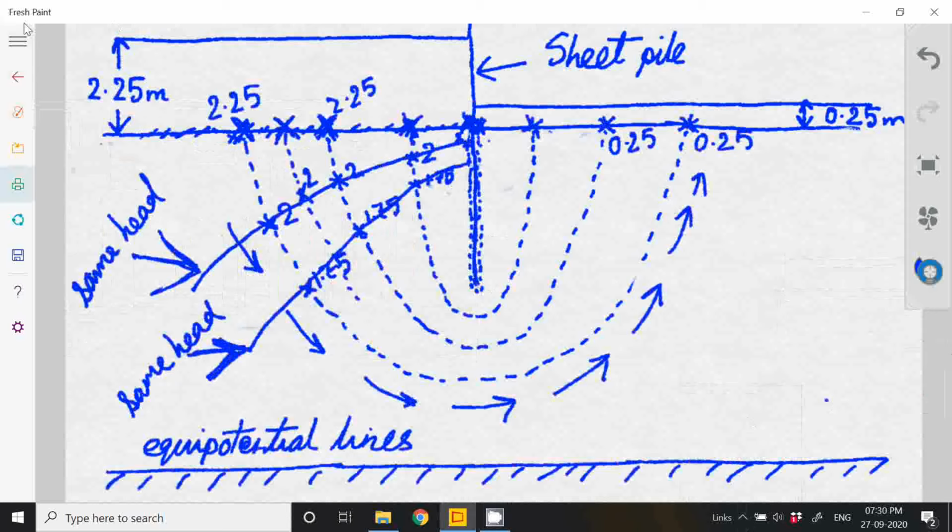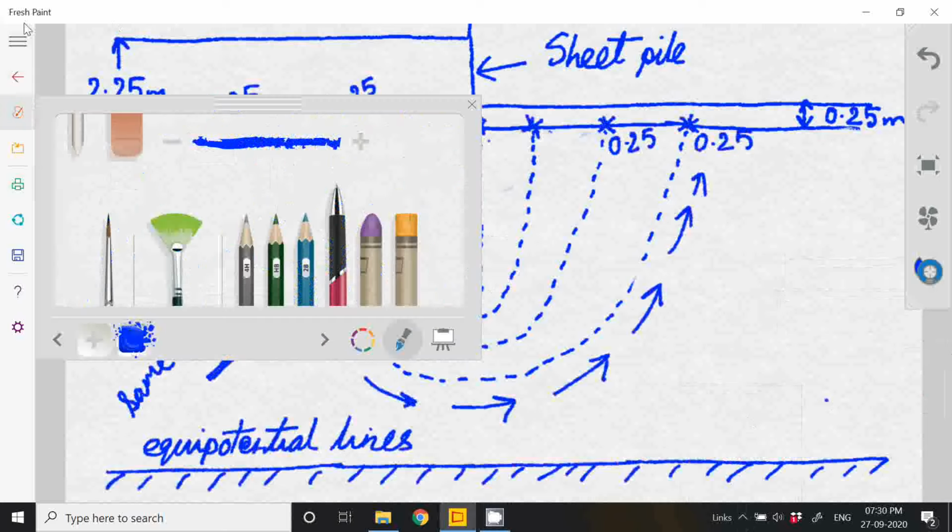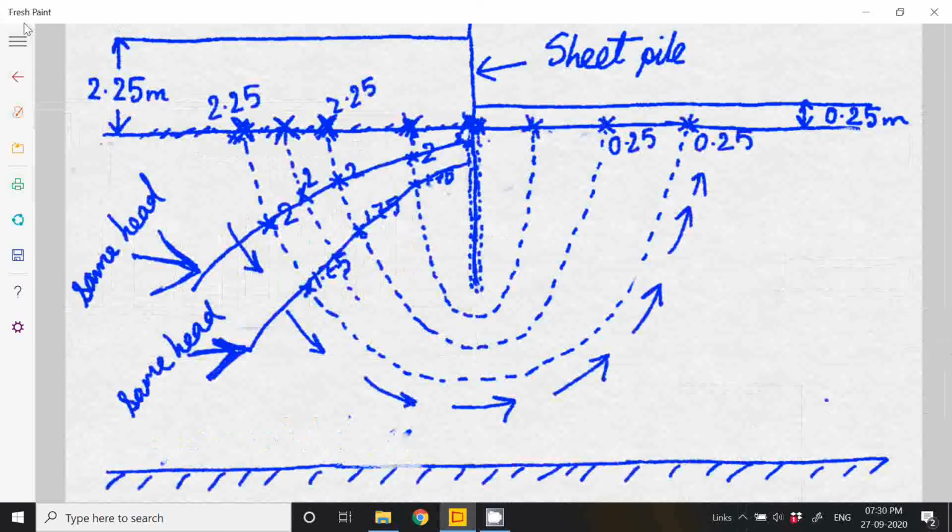So now let me erase a few numbers so that it will be easy for me to complete the diagram. So till now I hope you have got the idea.